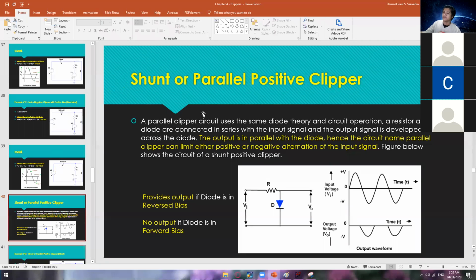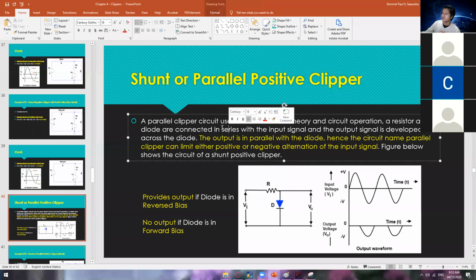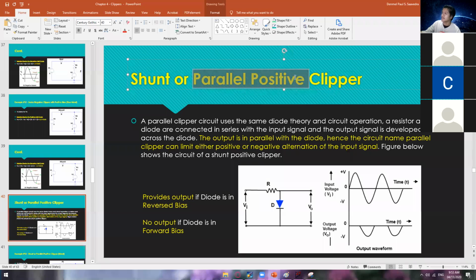So next one is the shunt or parallel positive clipper. Shunt is actually just another terminology, but this one is a parallel positive clipper, so don't get confused by the word shunt. Shunt is similar to parallel. A parallel clipper circuit uses the same diode theory and circuit operation.